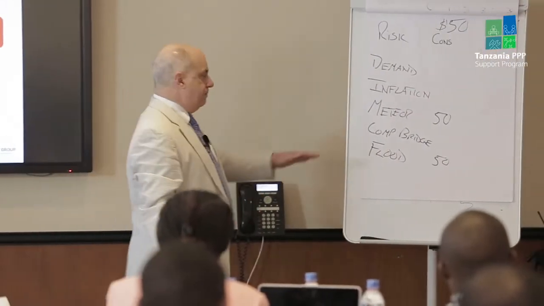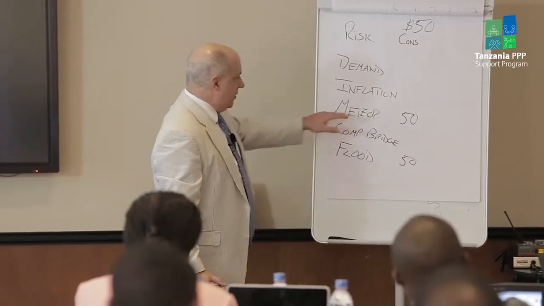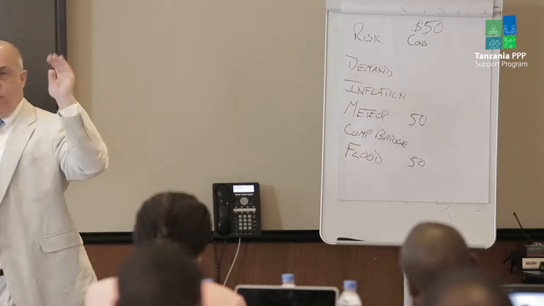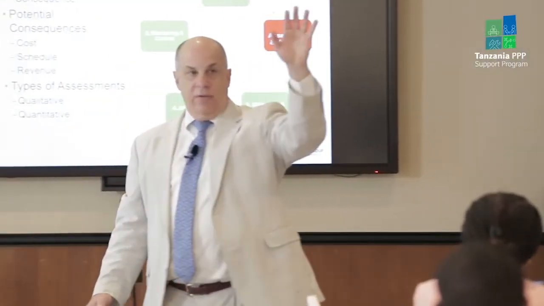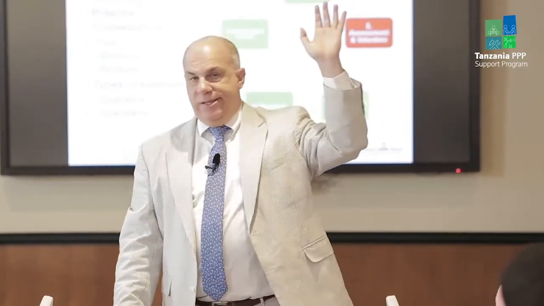Okay? Let's say, and I'll help you with these other ones. If there's a competing bridge, the government decides to build a bridge 10 years from now and doesn't charge to use it, 10 kilometers downriver.